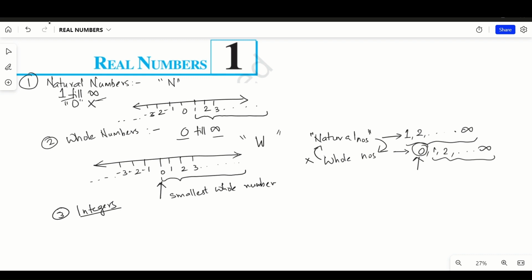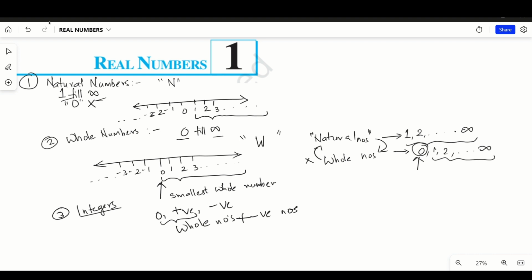Okay, we can say integers constitute 0, positive numbers and negative numbers. So we can say this positive and 0 can be called whole numbers. So integers are all whole numbers along with negative numbers.